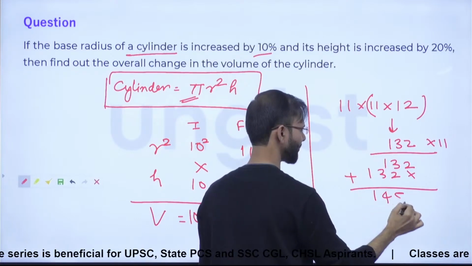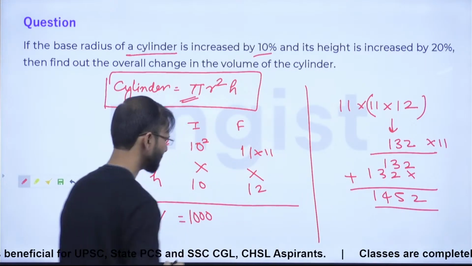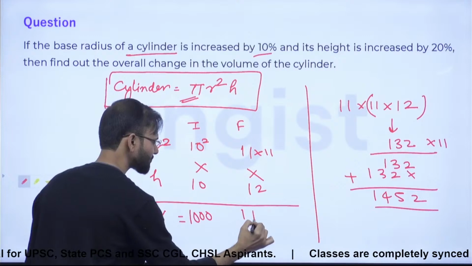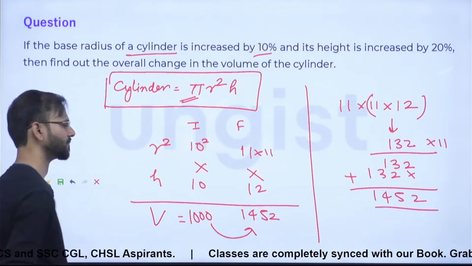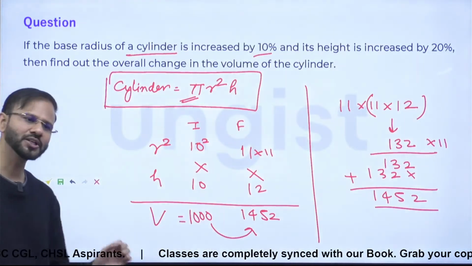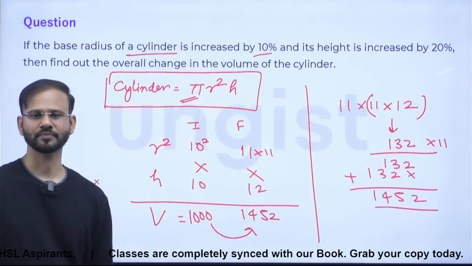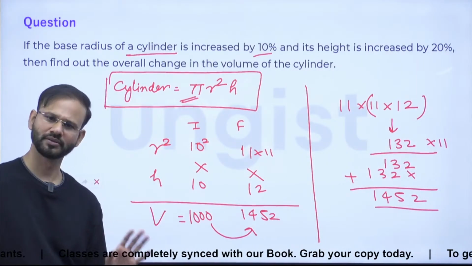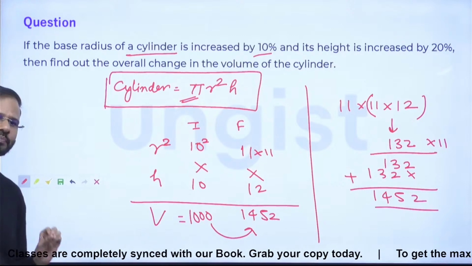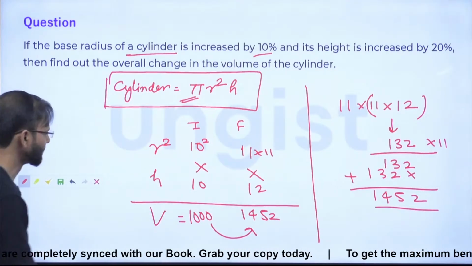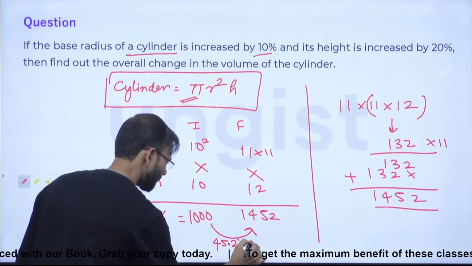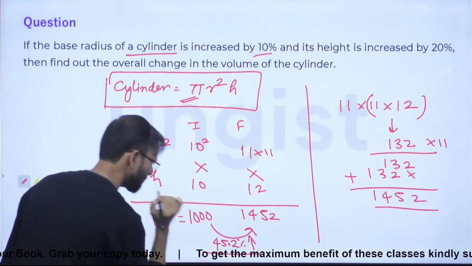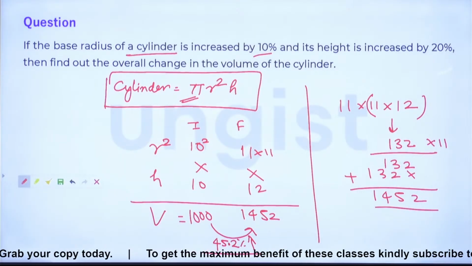So this is 1452. So 1000 becomes 1452. What percentage increment? 45.2% increment. All of you clear?